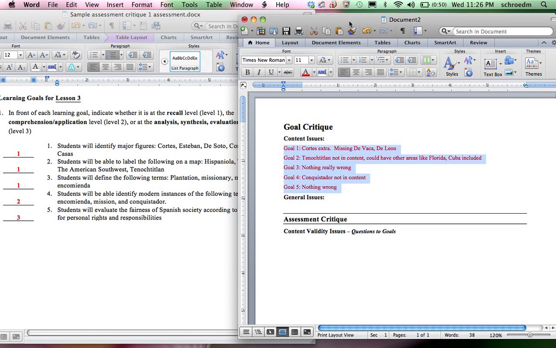I'm also missing some key people. De Vacha and De Leon are both missing, and so I would want them included. Likewise, for goal 2, Tenochtitlan is not in the content, and I could, if I wanted to, include things like Florida, Cuba, and so on, places that the Spanish explorers went to.